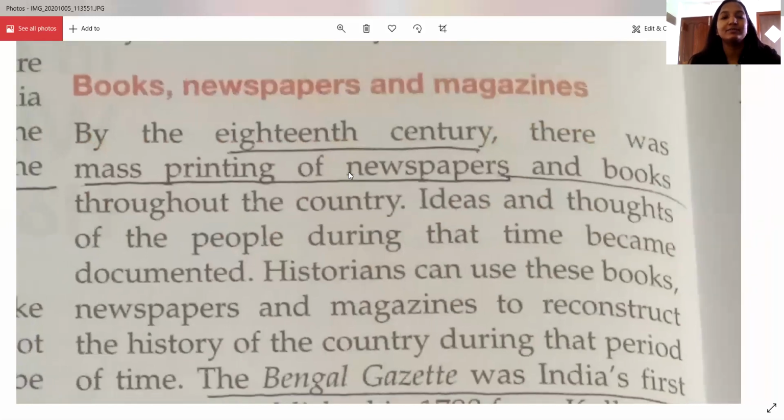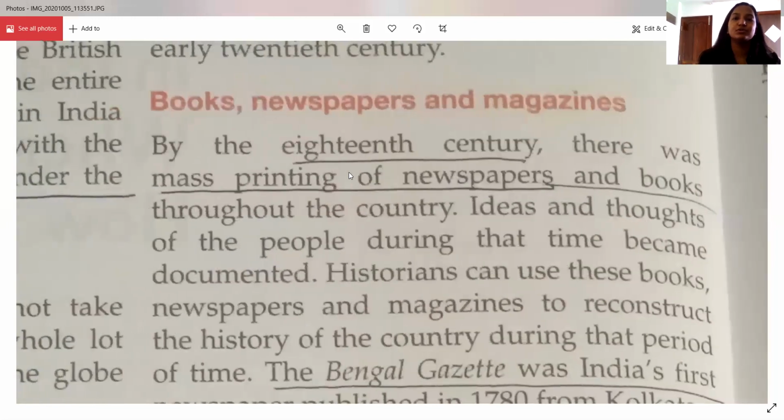Now, we are going to see a few of the main sources. The first one that we are going to see is books, newspapers, and magazines. By the 18th century, there was a lot of production of newspapers and books because by the end of the 18th century, there were already printing presses available across the world and it had even reached India.